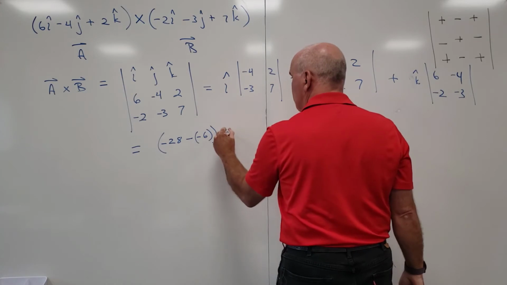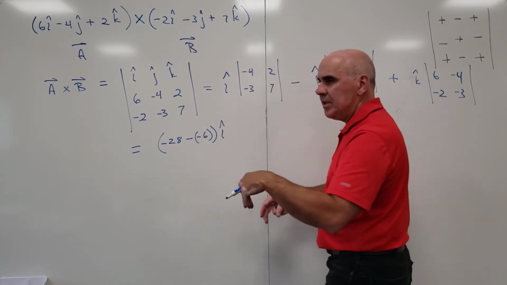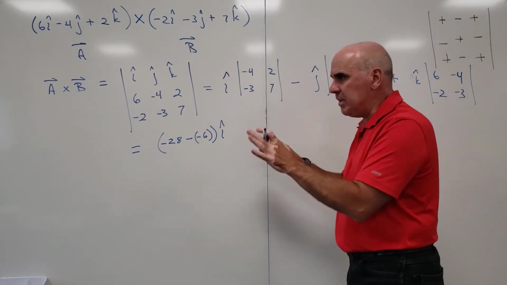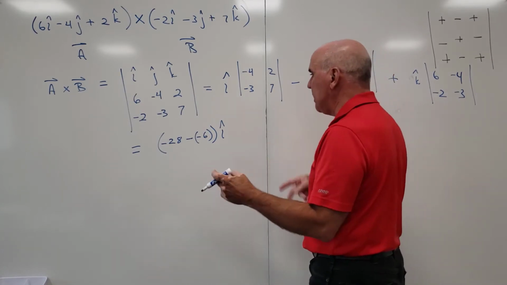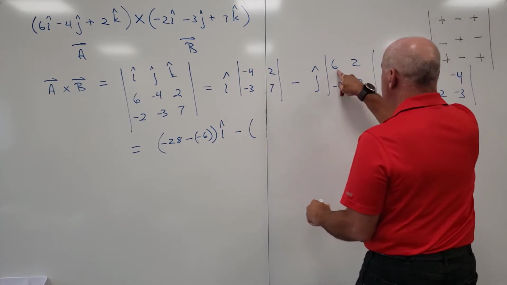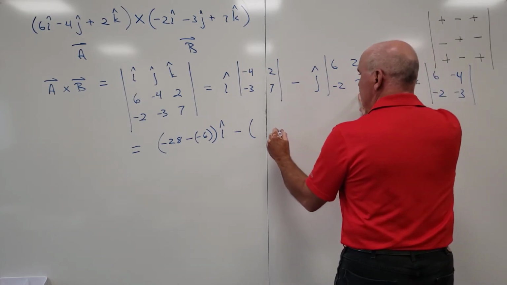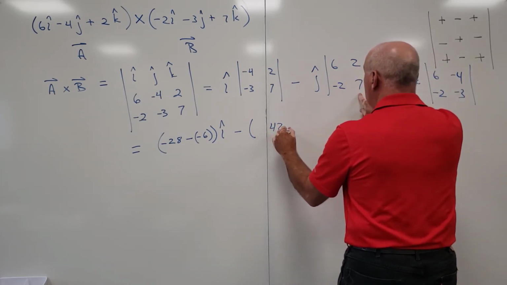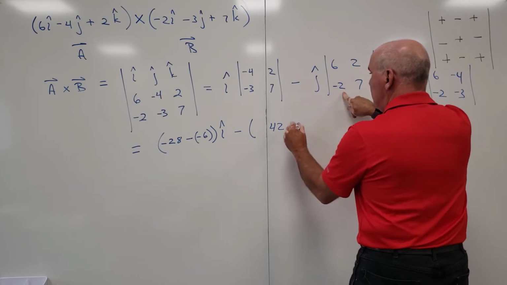And all of that is multiplied by I hat. I put it in behind instead of in front because it's going to want to be there when I write it in vector format. Minus 6 times 7, which is 42, minus negative 4.